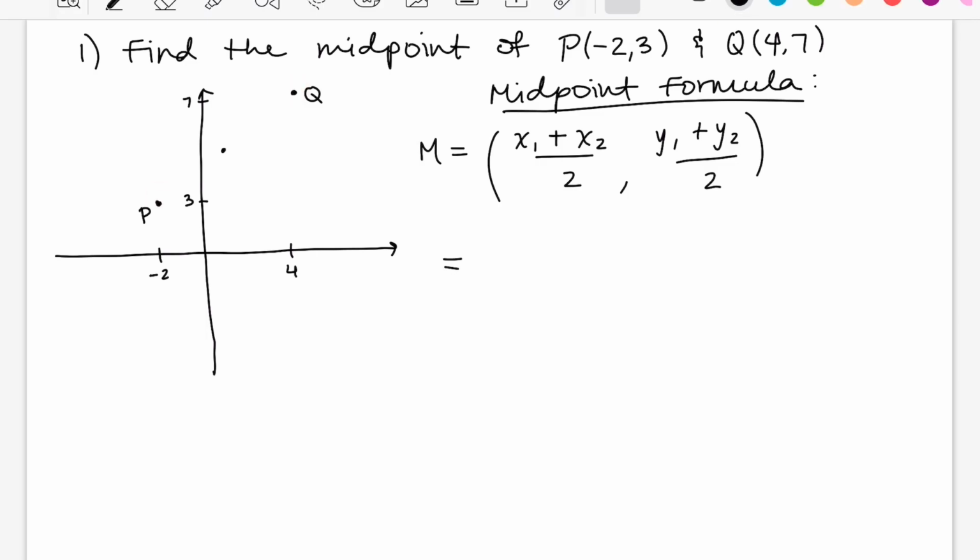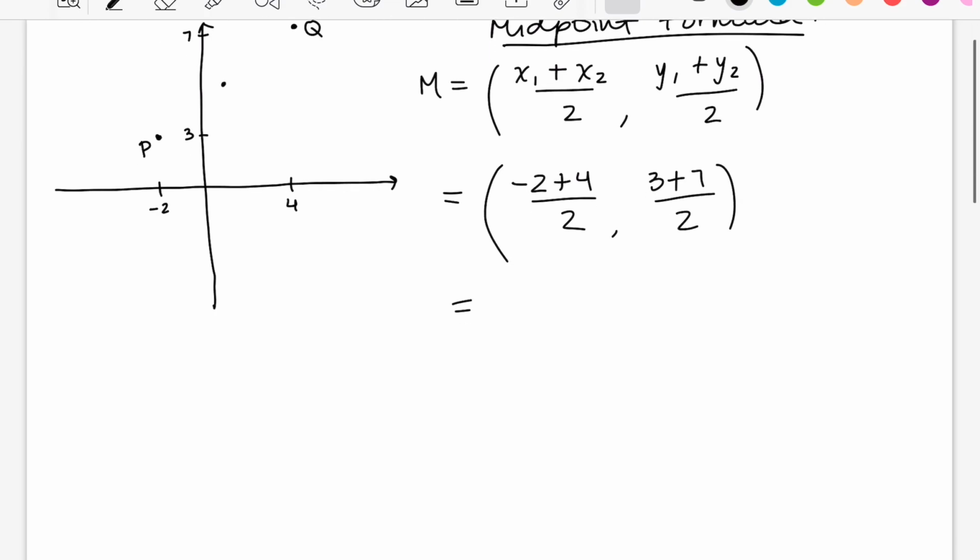So plugging this information in, we know that x1 is negative 2, x2 is 4, so then we have negative 2 plus 4 over 2. And then our y1 is 3 and our y2 is 7. So we get 3 plus 7 over 2. Right, so negative 2 plus 4 over 2 will be 1.